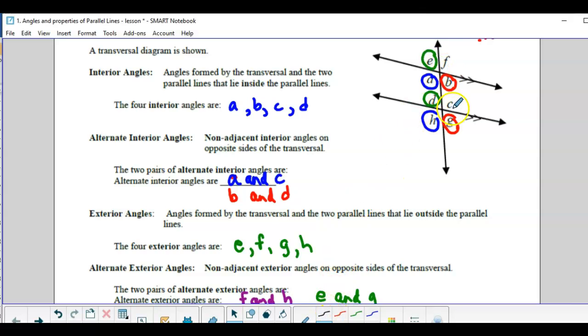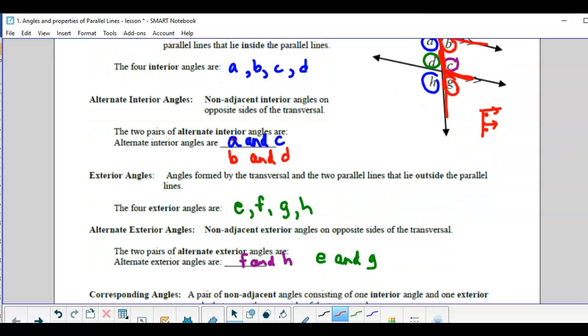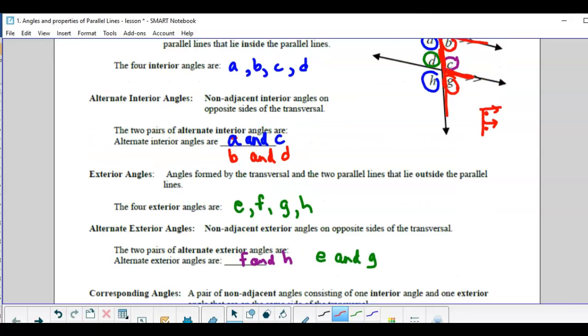And if I did C, that would be F. The way to remember this, if you remember back to junior high, is drawing an F. If I drew an F like this, then this angle is equal to this angle. It could be an upside down F, it could be a backwards F. But the parallel lines in an F, those are parallel lines, and these are both below the parallel lines. So there's 4 pairs here.